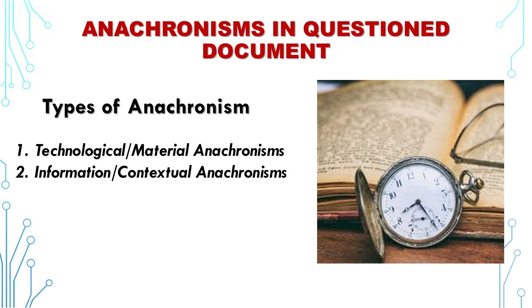This involves the physical component of the document, for example, the ink composition. If a document is dated 1985, for example, but the chemical signature of the ink, after we might have used spectral analysis on it, matches a dye formula patented in 1995, the document is an anachronism.